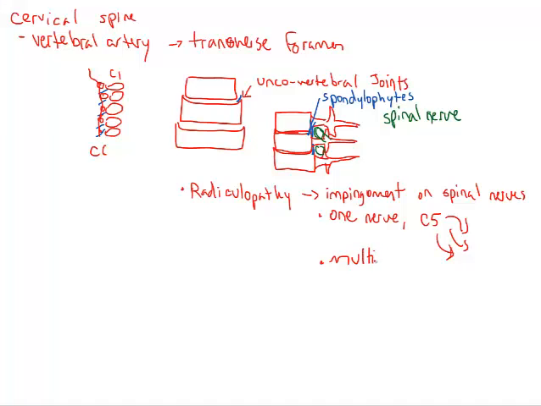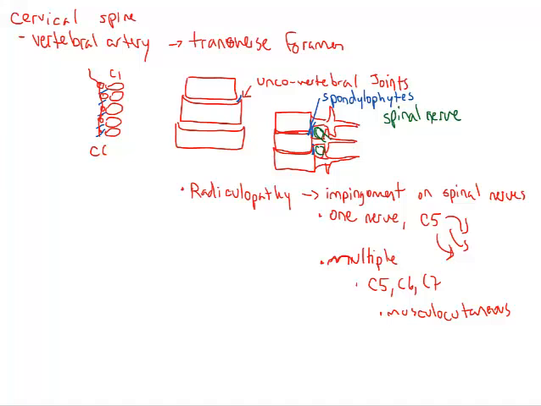So, for example, if you had C5, C6, and C7, this could relate to your musculocutaneous being pinched off. So that's the first topic I wanted to get into.